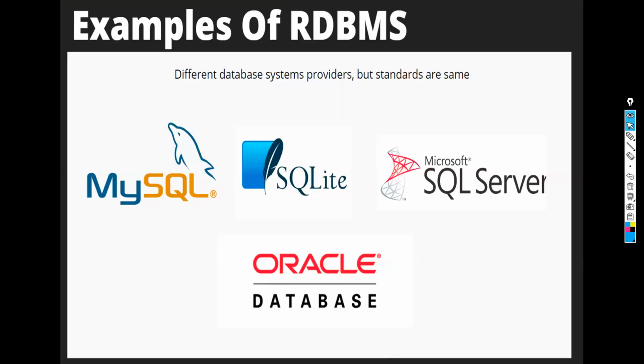These are the different types of databases, different databases by different companies, like how you have mobile phones by different companies: Oppo, Vivo, Realme, MI, Samsung, Apple. Different mobiles are there in the market. Why do you choose that particular mobile?